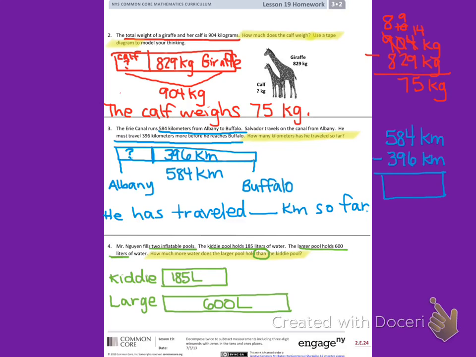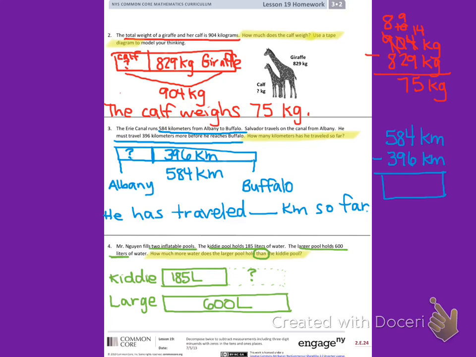What we're trying to figure out is the difference. What's the difference between the two? When we see the word than, we know that we're comparing the difference. And the word difference is what we call the answer to a subtraction problem.